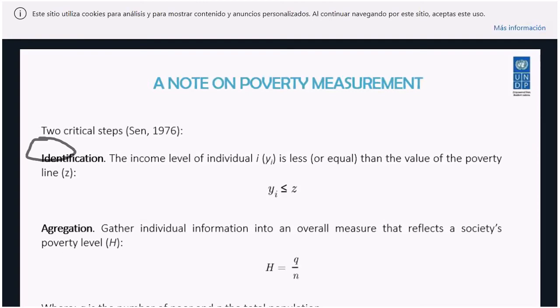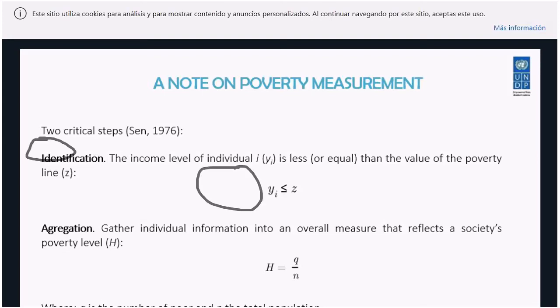That is the aggregation step, and that is the origin of many of the aggregate poverty indices that we know nowadays: the Foster-Greer-Thorbecke, the Sen index, the Kakwani index, a lot of indices that we use in this issue.